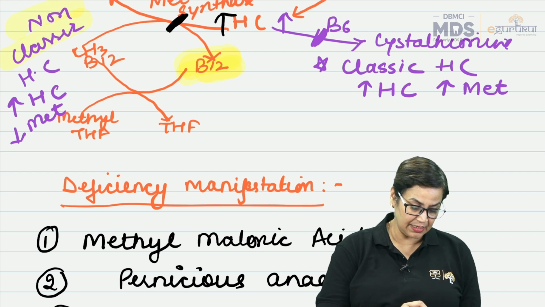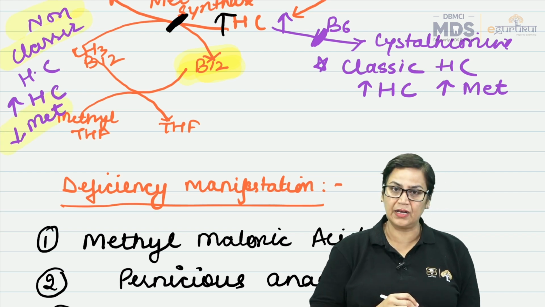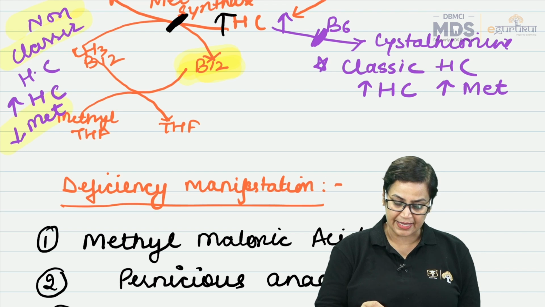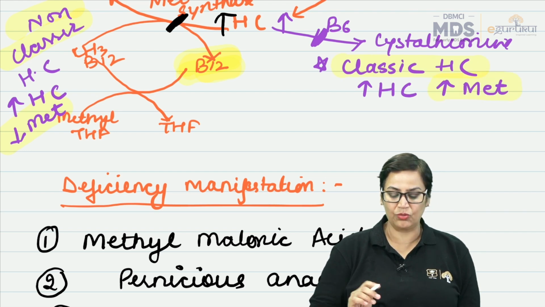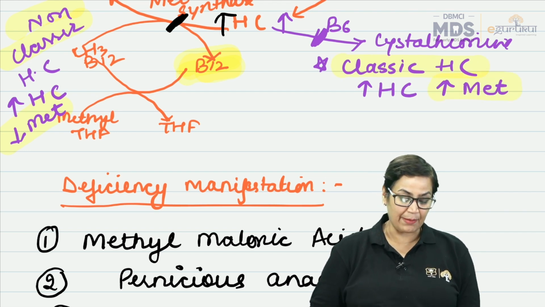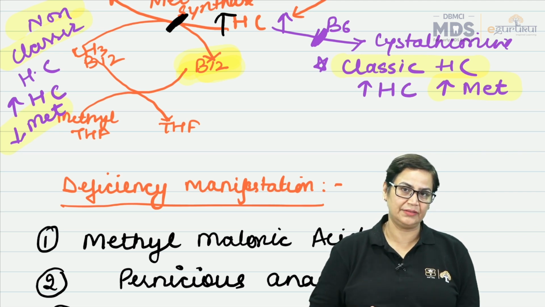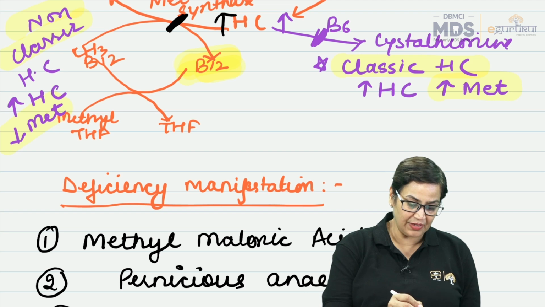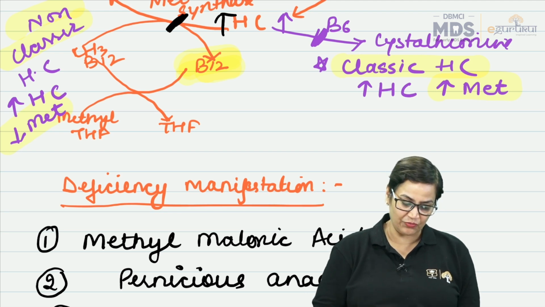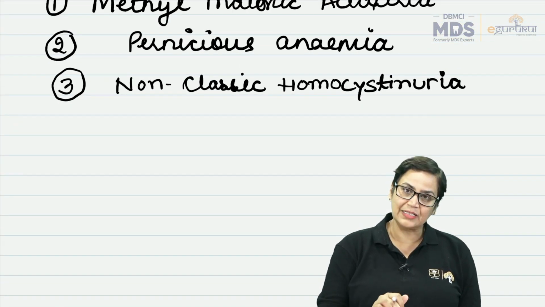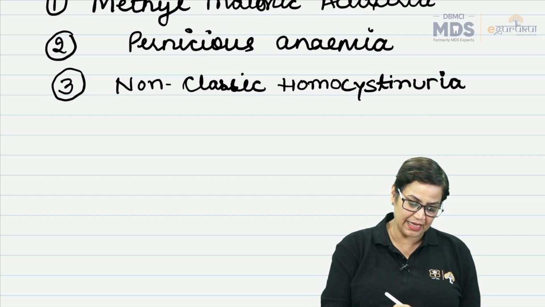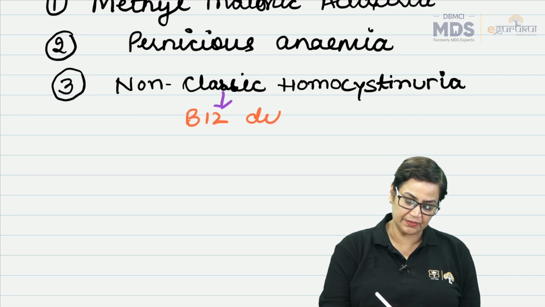In non-classic, methionine will be less, and in classic, methionine will be more. This is the major difference between classic and non-classic. Right? Ab here we are targeting only B12, so we will say that non-classic homocystinuria is there due to B12 deficiency.